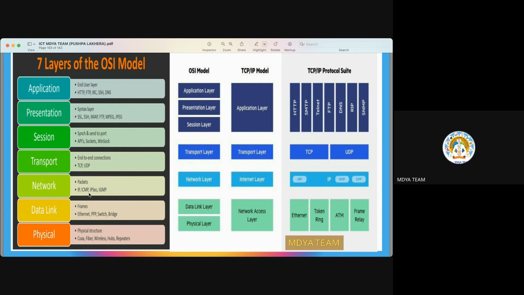ICMP, IPSEC, IGMP, these are all protocols, different protocols for addressing purposes. We now discuss only IP, Internet Protocol. Different companies have different setups. You don't need to remember all those things. Only PPP and Ethernet.